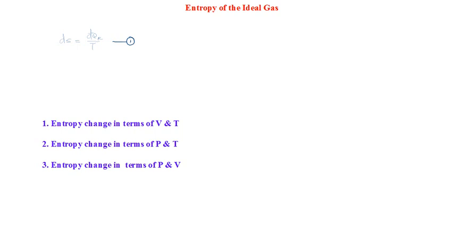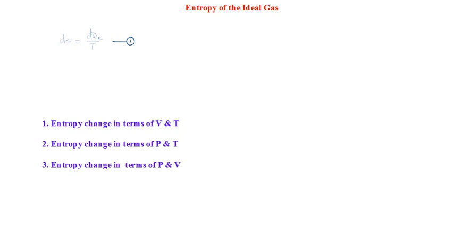So dS denotes the infinitesimal change in the entropy of the system due to the absorption of an infinitesimal amount of heat under reversible conditions by the system.